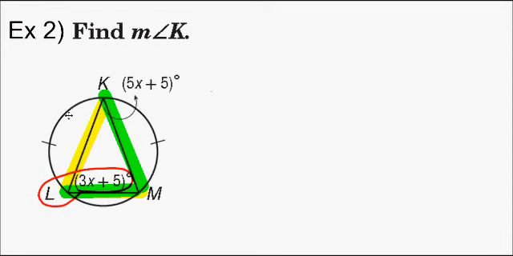However, remember, when two arcs are the same, the angles that go with them are also the same. So in this case, I can determine that angle L is congruent to angle M, because those are inscribed angles and their intercepted arcs are congruent.